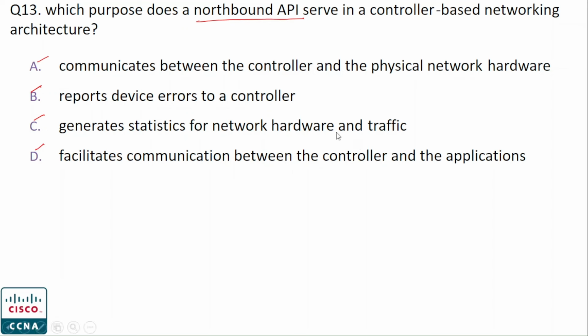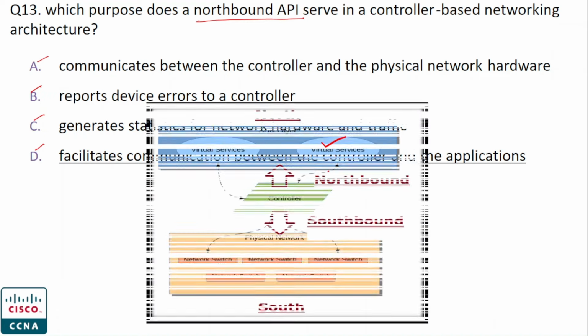So we already answered a similar question in this session, and the correct option is that the northbound API is used to facilitate communication between the controller and the application, while the southbound API is used to facilitate communication between the controller and the edge devices or the network switches.